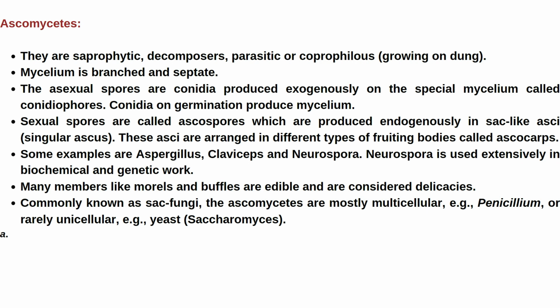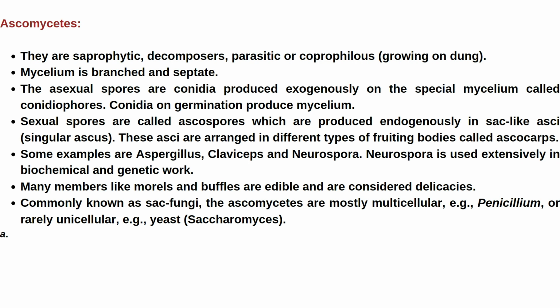Moving on to Ascomycetes. They are saprophytic, decomposer, parasitic, coprophilous, which means they grow on dung. The mycelia is branched and septate. The asexual spores are conidia, produced exogenously on the special mycelium called conidiophore. The conidia on germination produce mycelium again. The sexual spores here are called ascospores, which are produced endogenously.